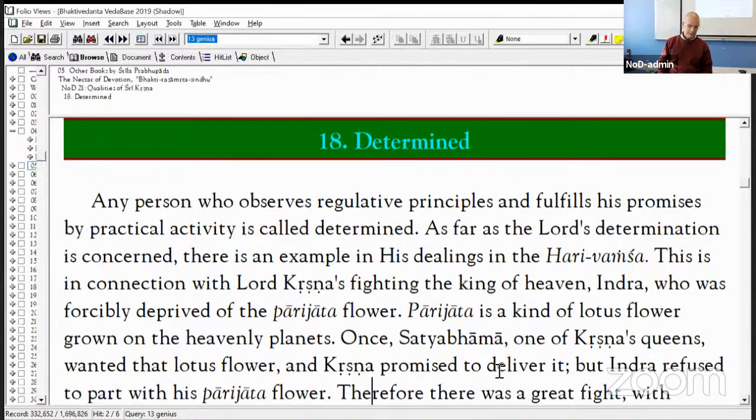So for devotees, this is something very dear to their heart, always determined, very steady, very fixed in the vow. Krishna would rather protect his devotees' vows even than his own vows, as is illustrated in the story with Bhishmadev.